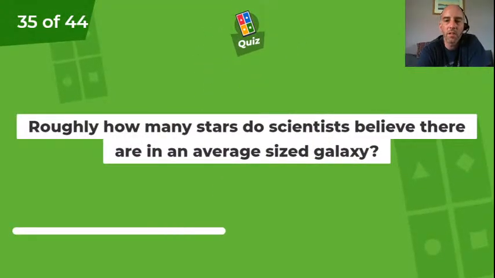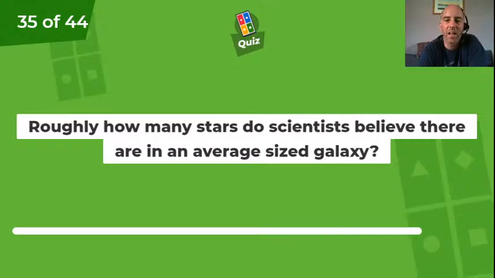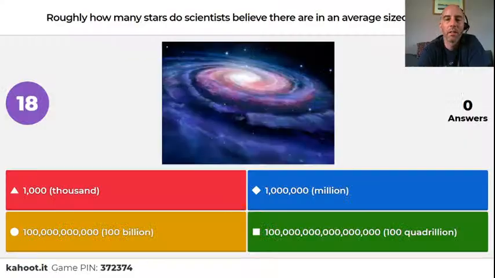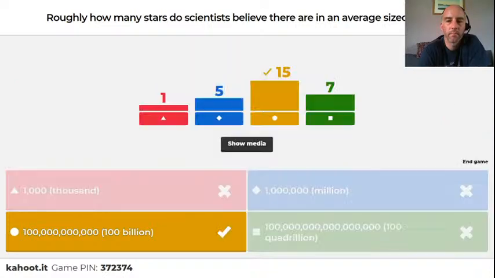Roughly how many stars do scientists believe there are in an average-sized galaxy? Most of you got this right, around about 100 billion.